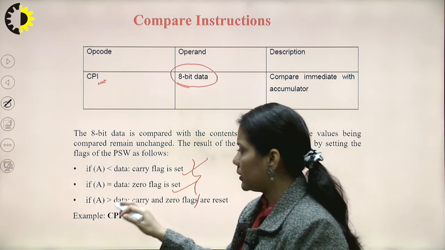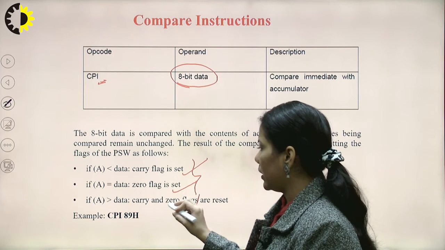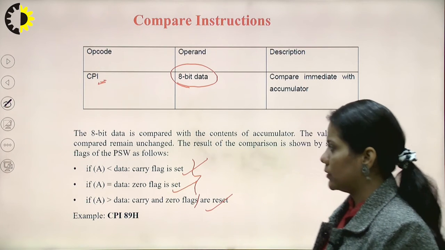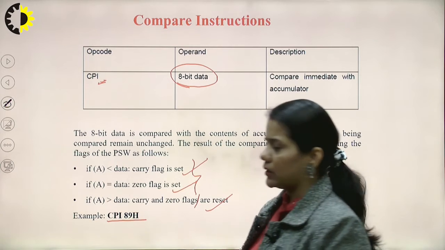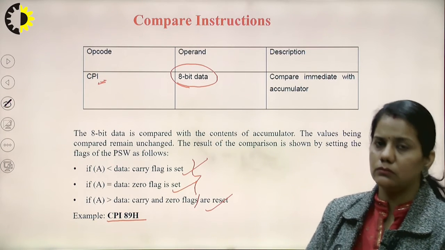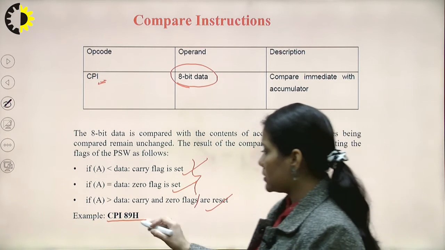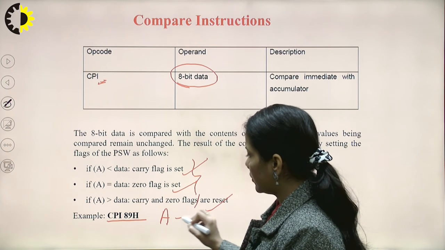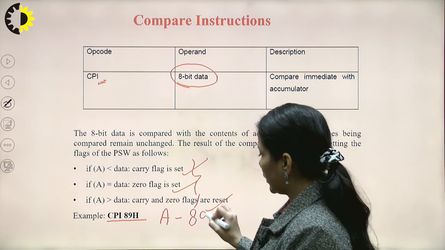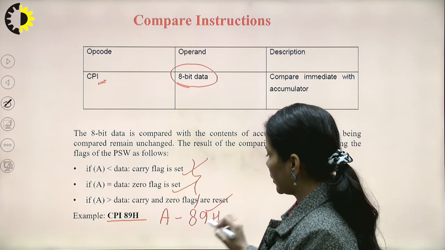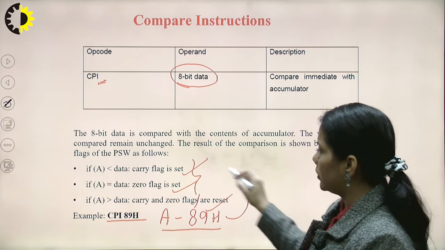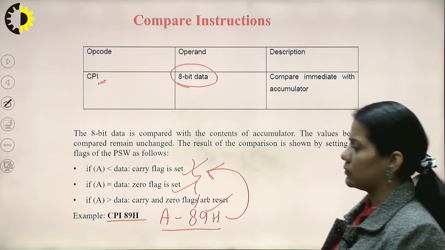If accumulator is greater than data, the carry and the zero flags are reset. CPI 89H may be an example. The immediate data is subtracted from the contents of accumulator, and accordingly this result comes.